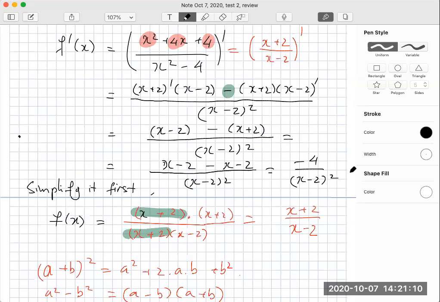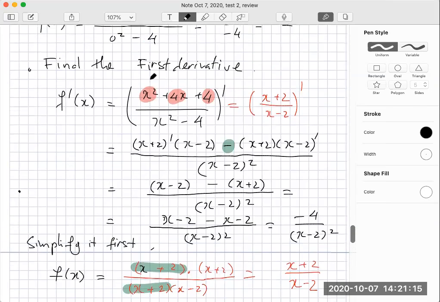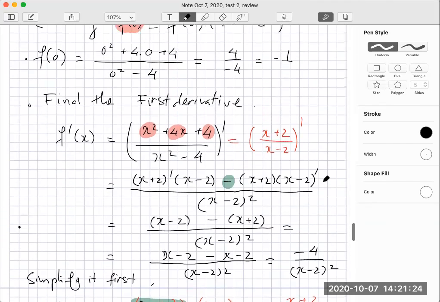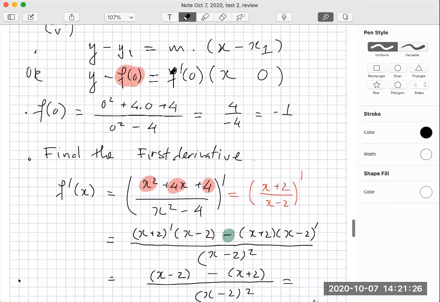Okay? From this, you can evaluate the value of f prime at 0, which will be negative 1, right? And then, having all the information, you can write down the tangent line.